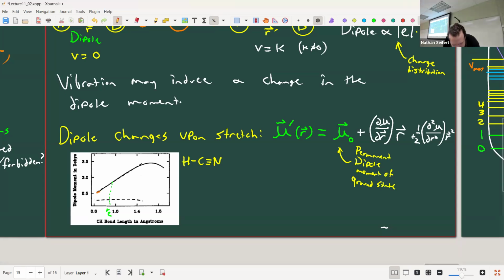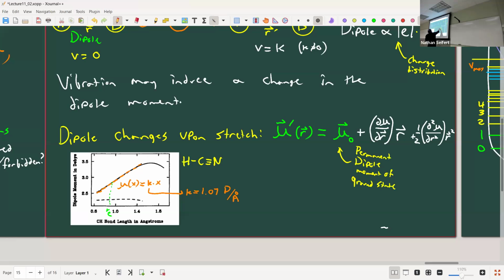What this says is that the dipole moment as a function of bond length is just some number k times x, and k here from the data is 1.07 debye per angstrom. Every time you move by a tenth of an angstrom, the dipole increases by about 0.1 Debye, which is about 10%.